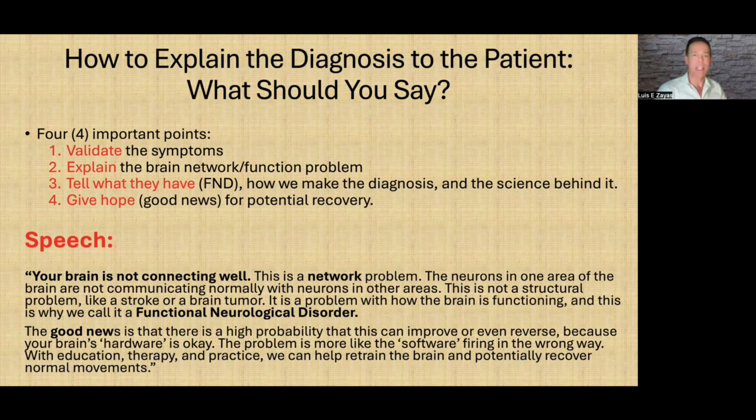Don't start with, let me tell you what you don't have. That doesn't work. I used to do that. I used to tell the patients, this is what you don't have. And the outcomes were always bad. So I was doing a very, very bad job, I have to say, and I accept that.